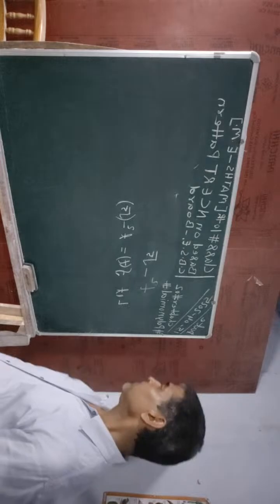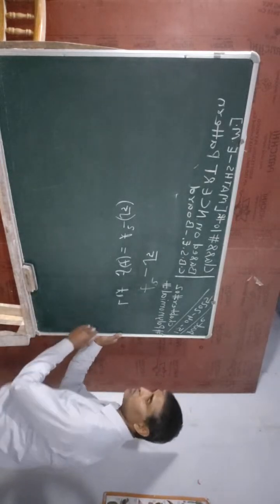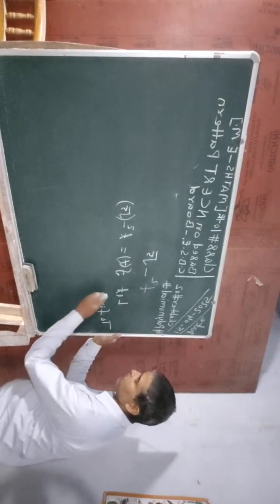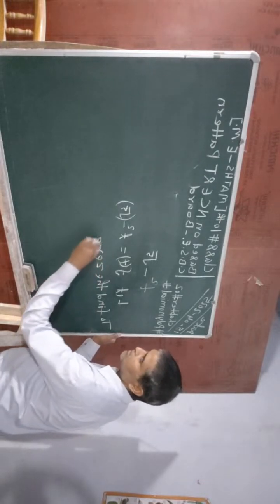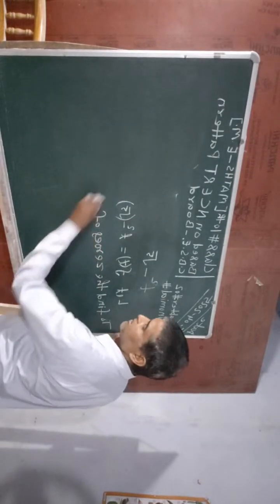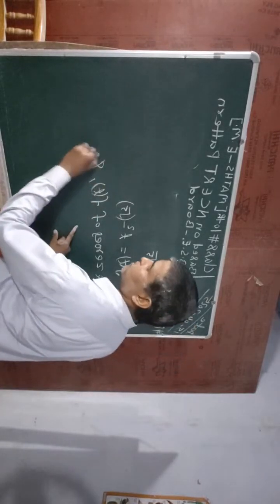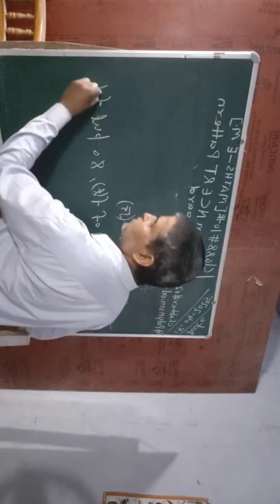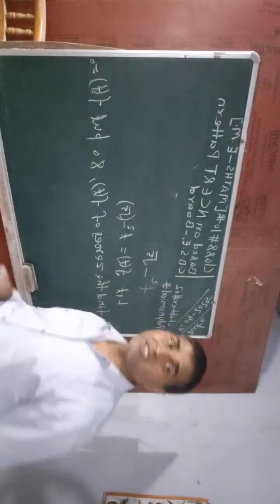Okay students, now we have to get its zero values. To find the zeros of f of t, we put f of t equal to 0. Okay students, you have to remember this step.